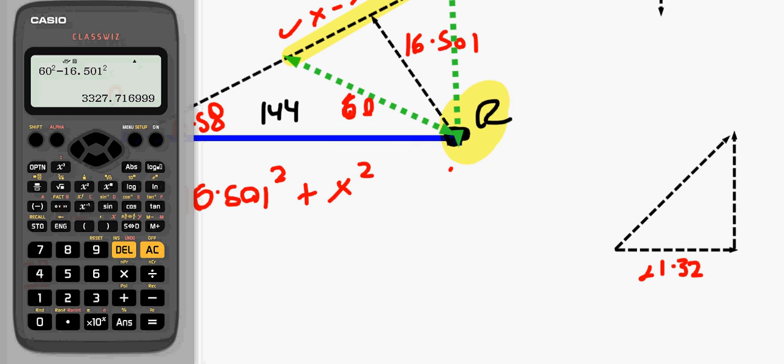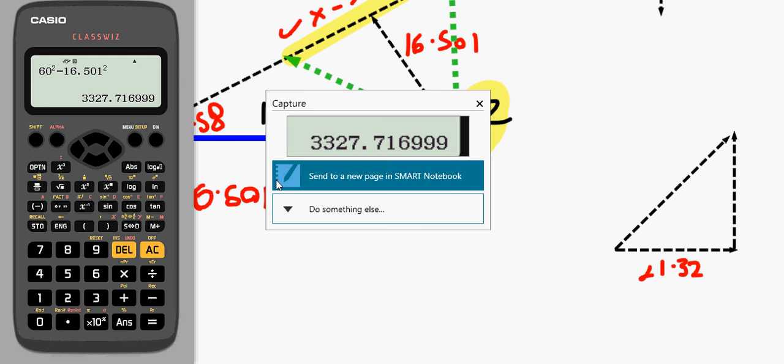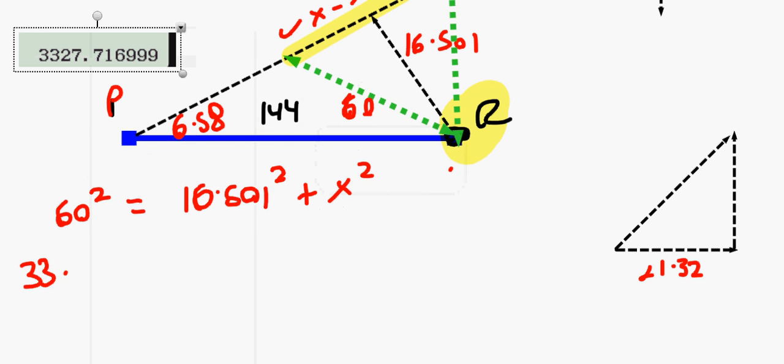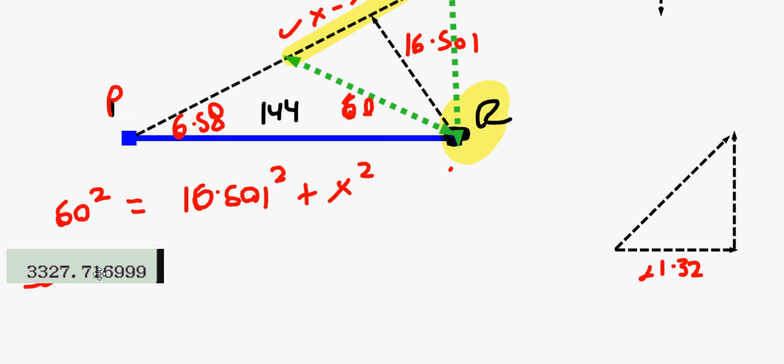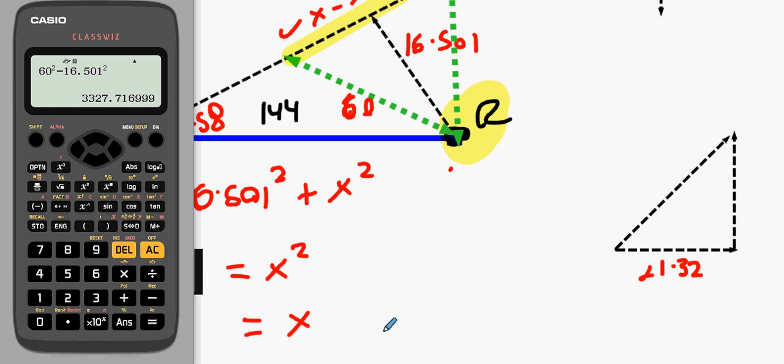Try and leave as many decimals as you can. This number here equals x squared. Now I'm going to square root that answer. 57.686.